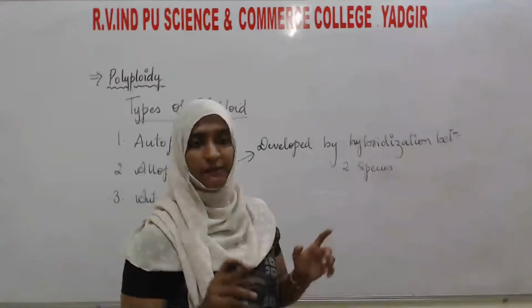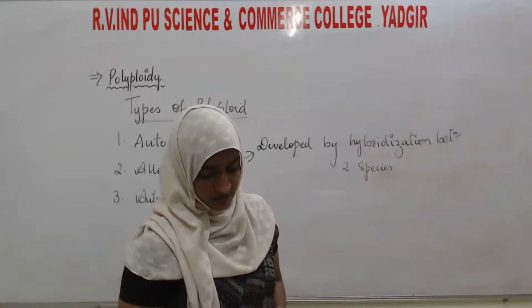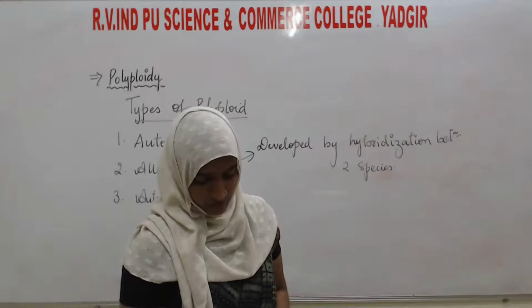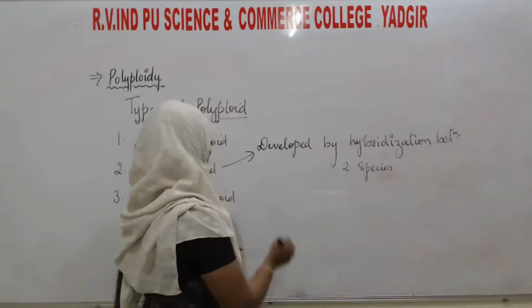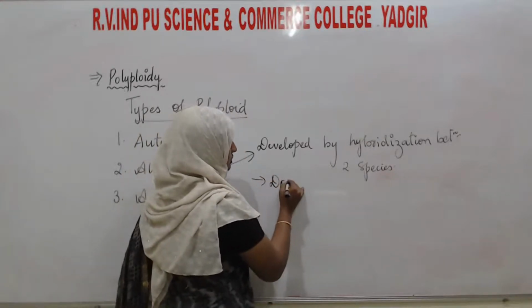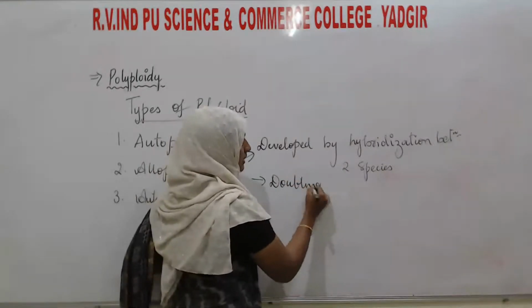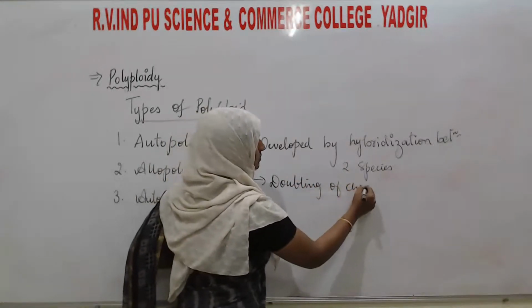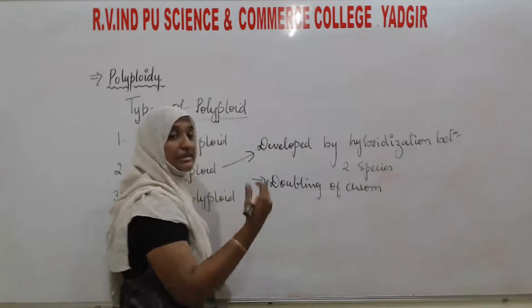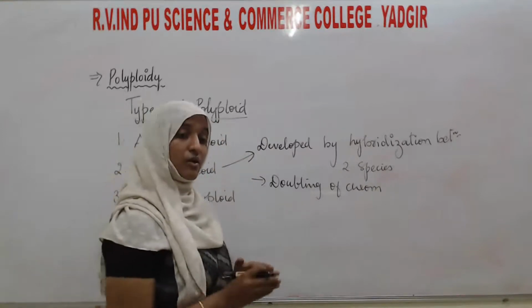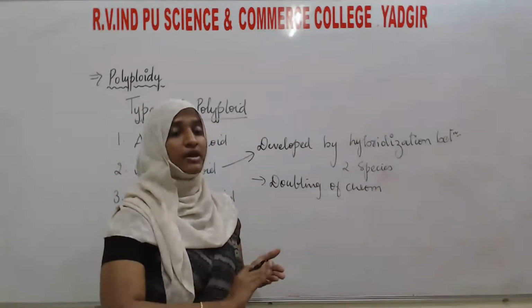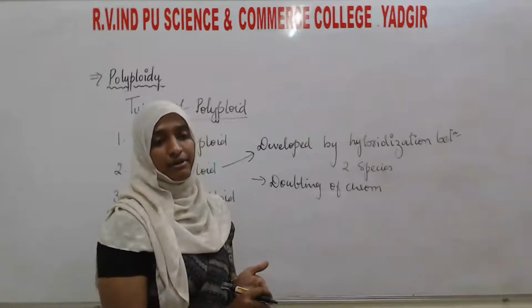That is the first thing, the hybridization between the two species, followed by the doubling of chromosomes. In the autopolyploid, there is an increase in the number of chromosomes. Here, what is the normal number of chromosomes? That number of chromosomes is going to double.